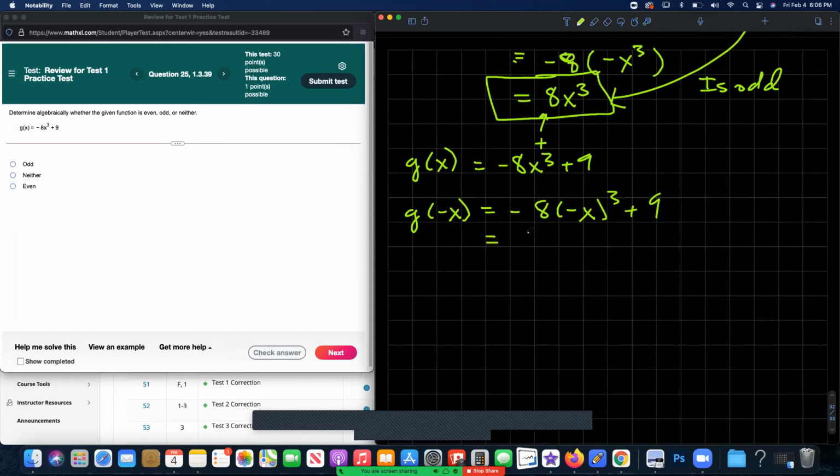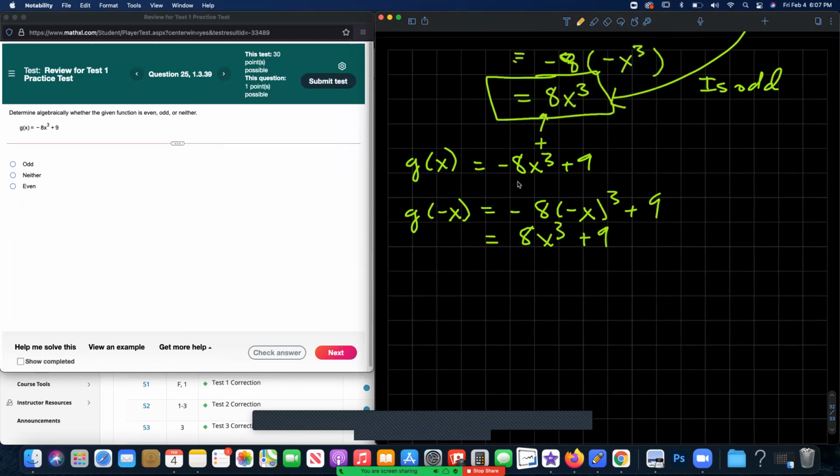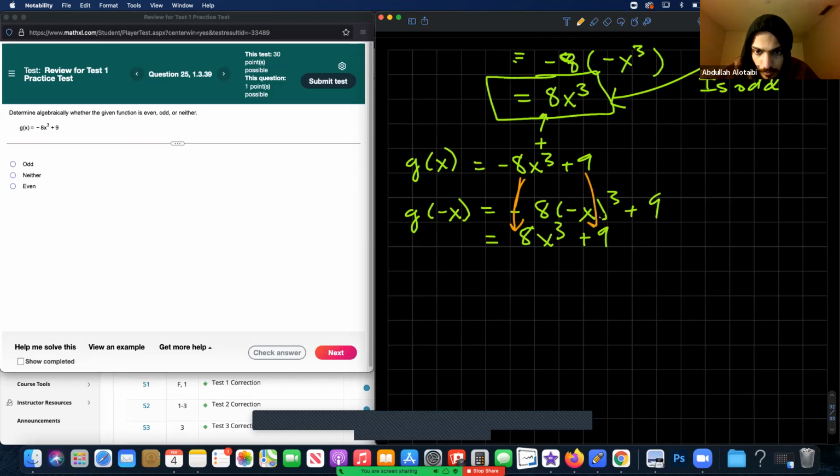This is still going to give me 8x cubed, but this is still plus 9. So notice, even though this sign has changed, this sign has not. So therefore it's neither.